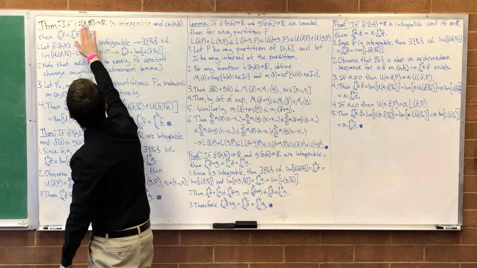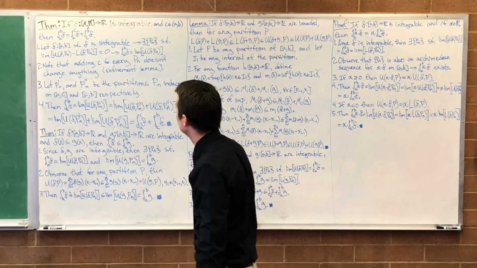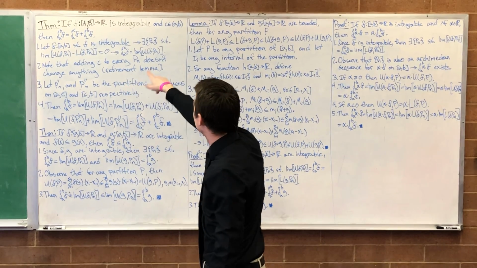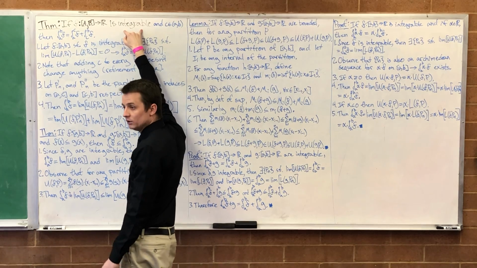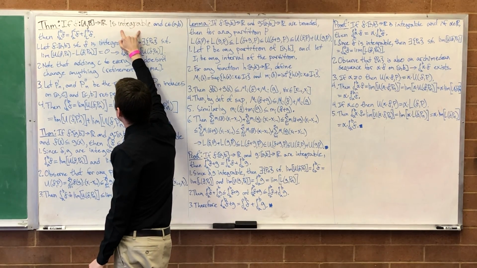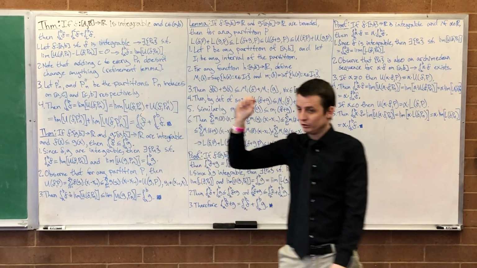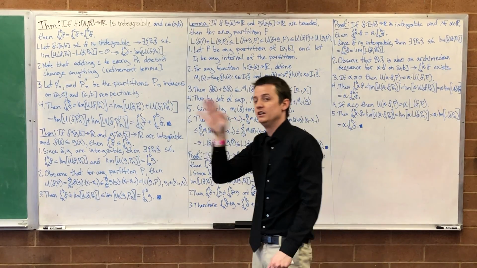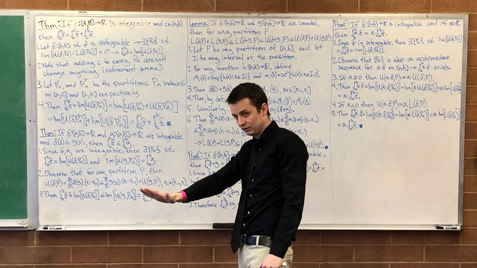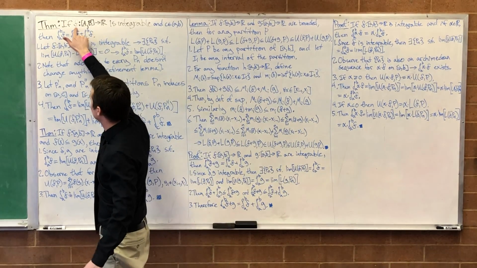So starting here, if f, I don't know why I did capital H and B, so it should be lowercase. If f from a, b to R is integrable, we can take the integral of it. Some of the given information that we get when we know something's integrable is that we are guaranteed that there is an Archimedean-Riemann sequence on that interval for that function.